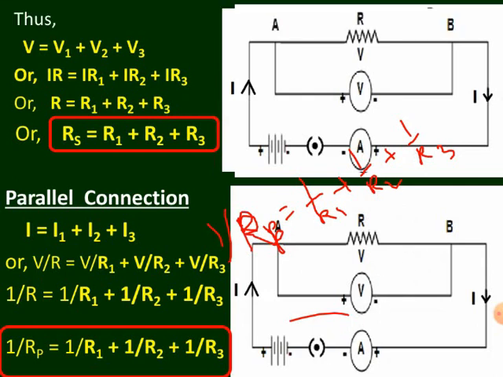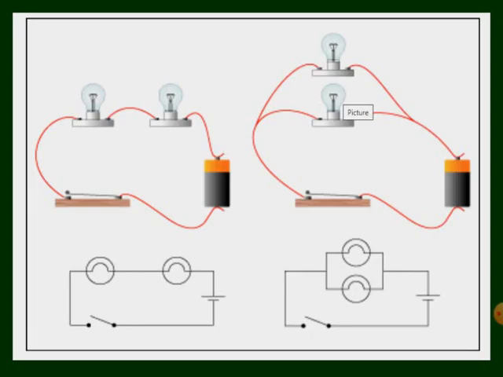Next, let's move on, and I will show you the actual diagram of how the bulb and battery are connected for series and parallel. Okay, let's see. In the case of series connection, this bulb has its own filament. It's just like a resistor.